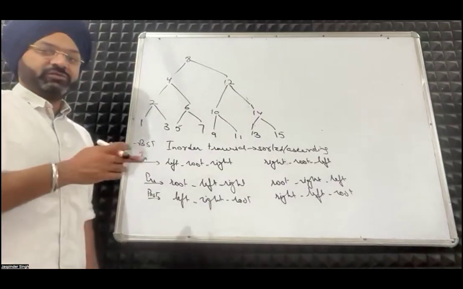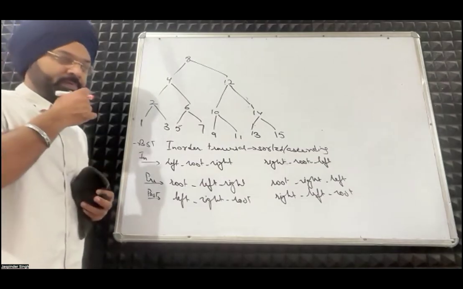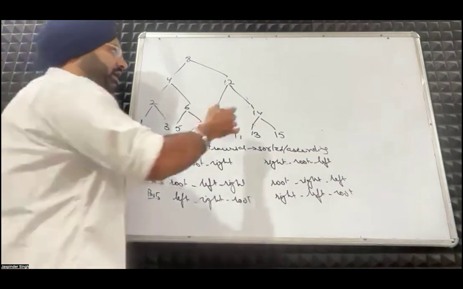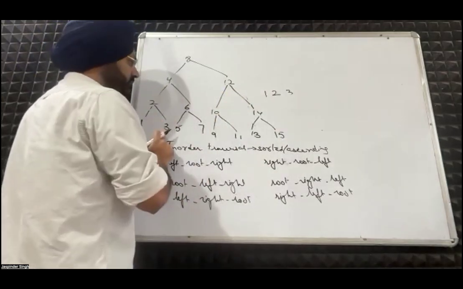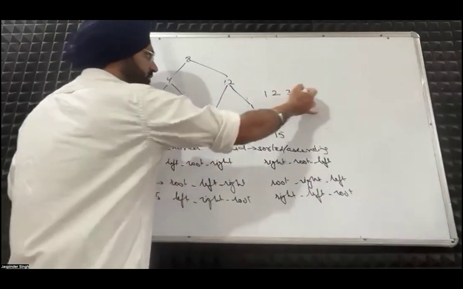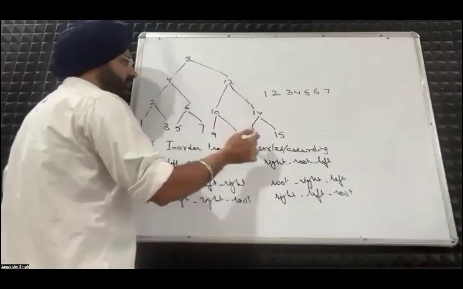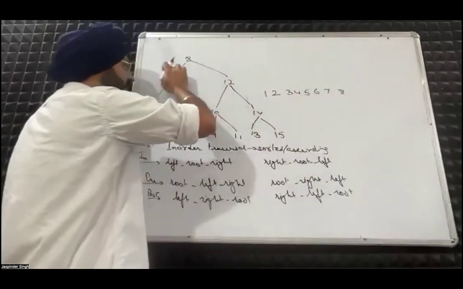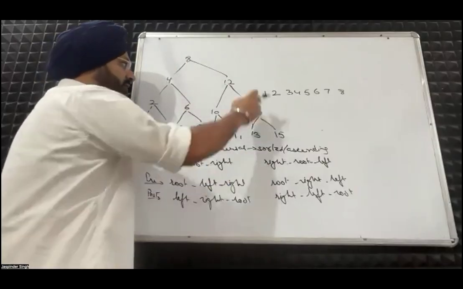The in-order traversal of a BST is sorted in nature, and that's what I did when I was looking at this. I was doing 1, 2, 3, 4, 5, 6, 7, then 8: left done, root, then right subtree.